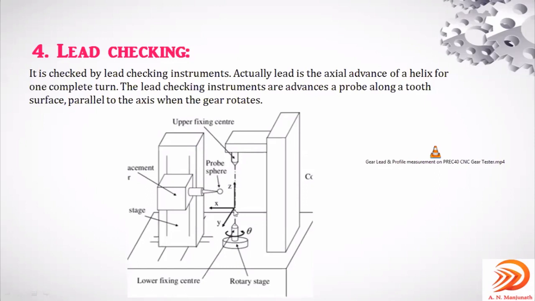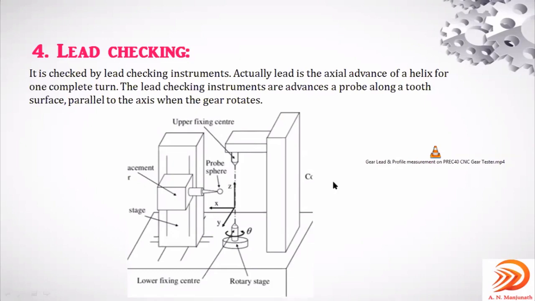In between these two there will be the gear blank. This probe will advance into it to check how much lead it can rotate in one turn. That is the checking of the lead. You can observe that in this particular video. So that is about the lead.